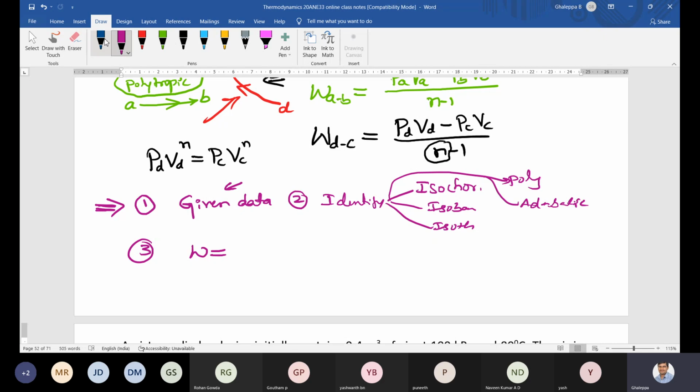Dear students, do not think that only one process will always be given. He may give 2 processes continuously, for example, constant pressure, adiabatic, constant pressure, again constant volume, like this. It may be a cyclic process. Do not think only one process will be given to make numericals easy. For example, you are coming from home to college.